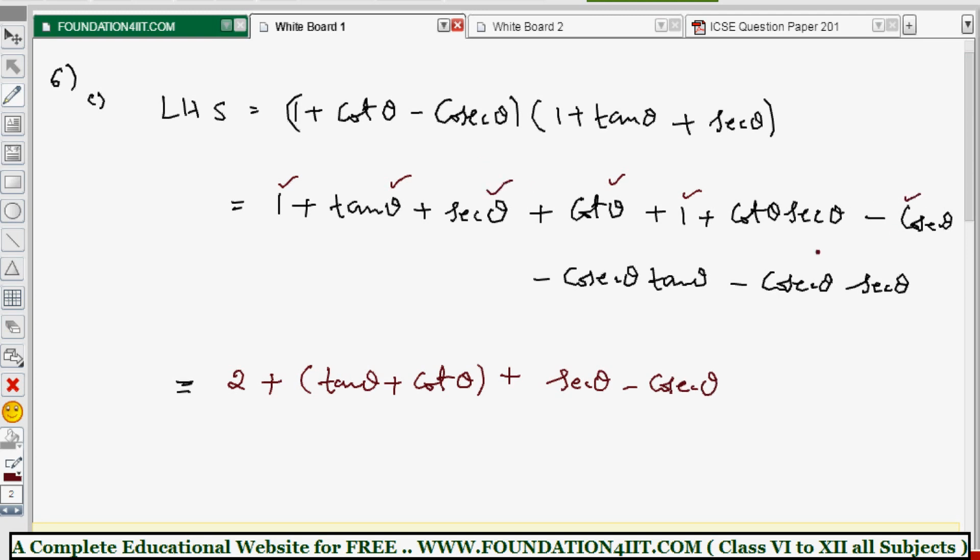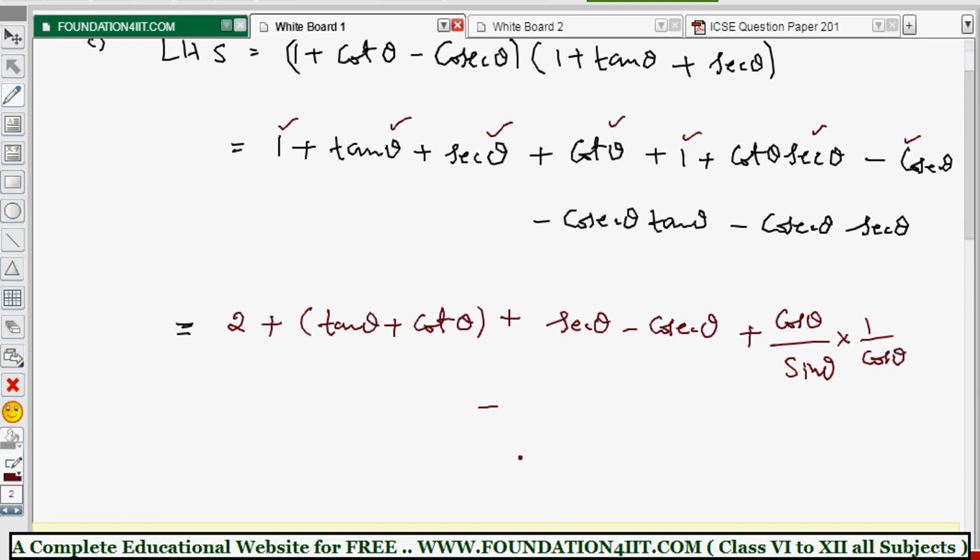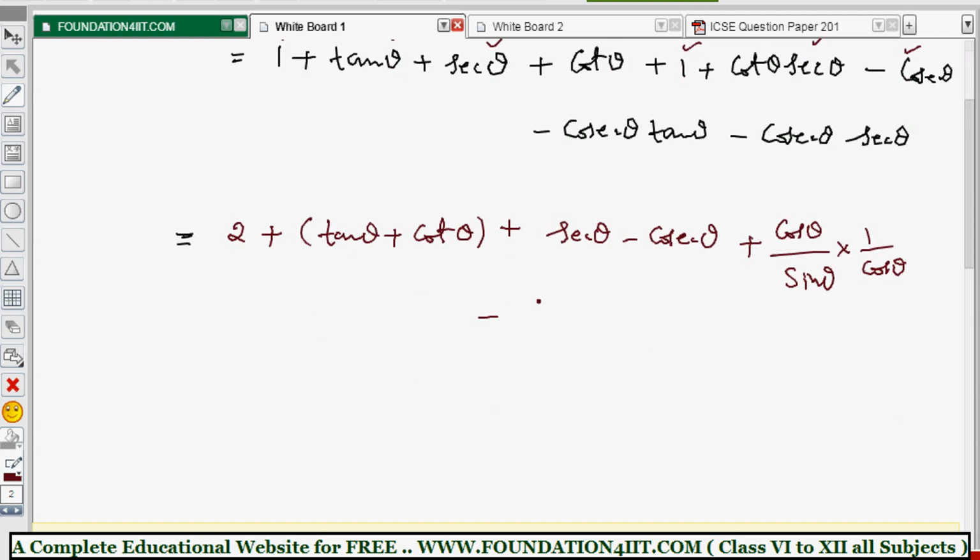These both remaining, all convert into sin and cos. Plus remaining is cot into sec. So cot is cos θ by sin θ into sec is 1 by cos θ. Again similarly, minus cosec into tan: cosec is 1 by sin θ, tan is sin θ by cos θ, because next step I can cancel all this.